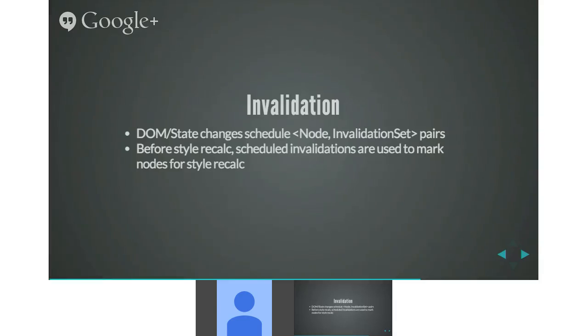So before we do the style recalc, all these scheduled invalidations are used to traverse the document tree and then set the style change type based on the invalidation sets.